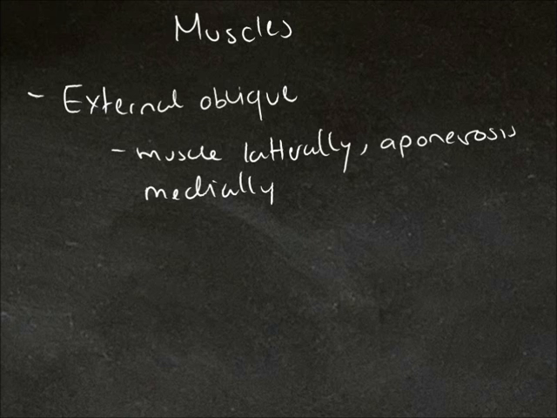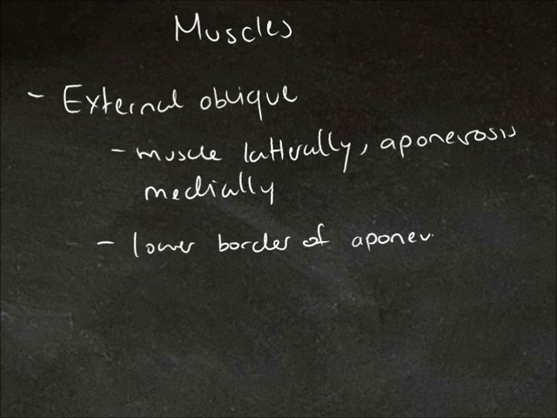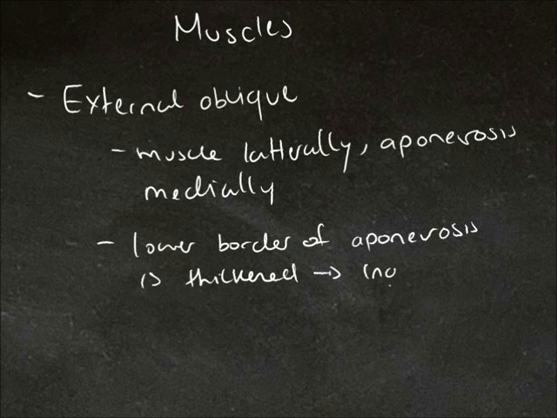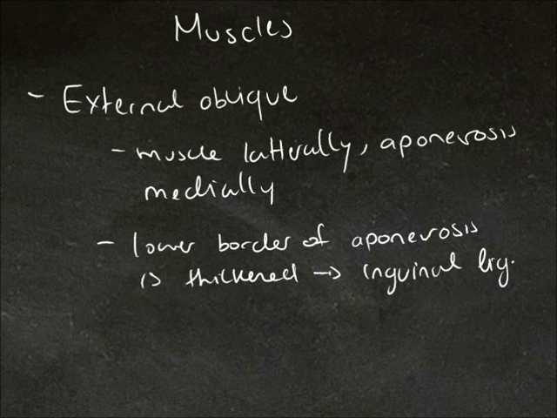The lower border of the aponeurosis is thickened and rolls inward, and this forms the inguinal ligament. The inguinal ligament extends from the anterior superior iliac spine of the ilium to the pubic tubercle of the pubis.